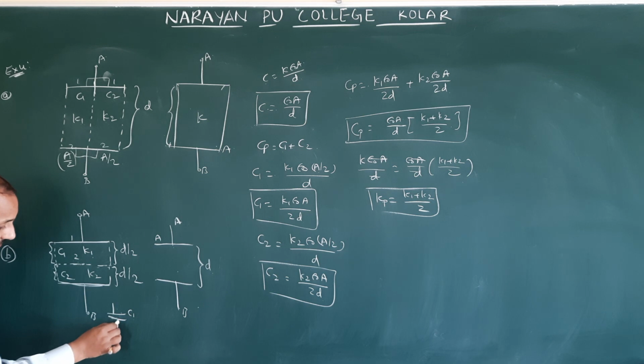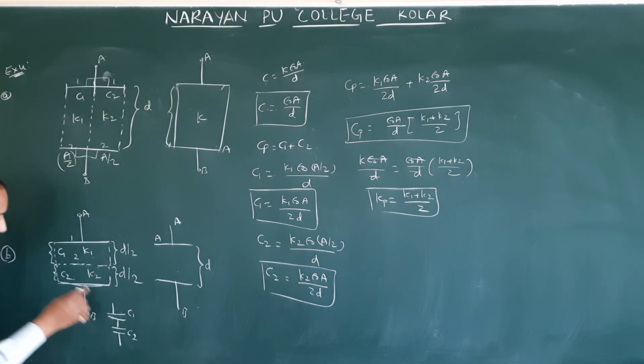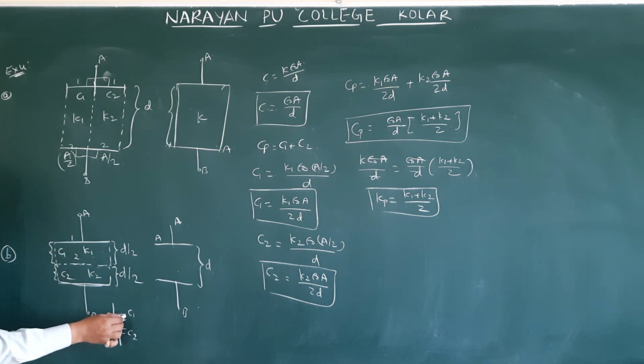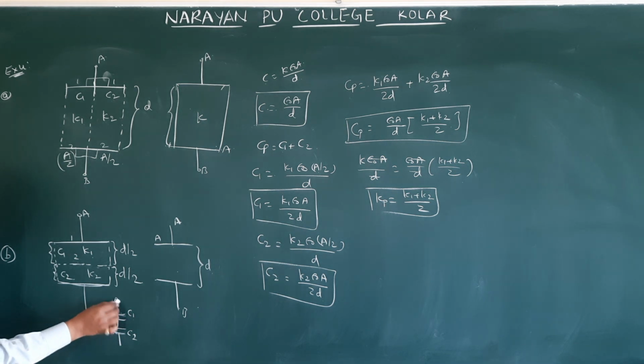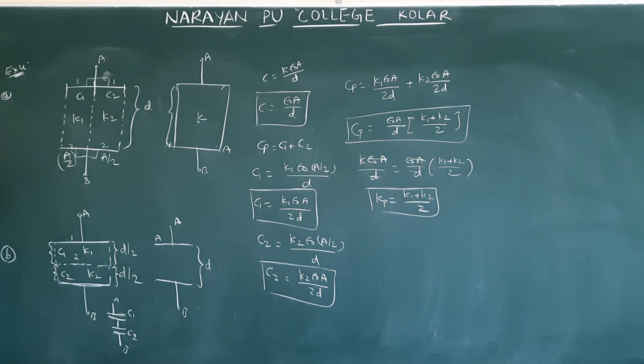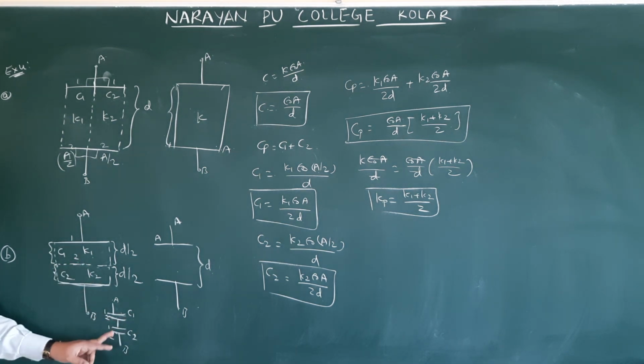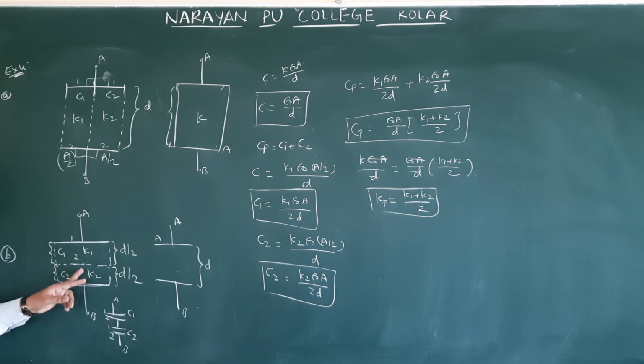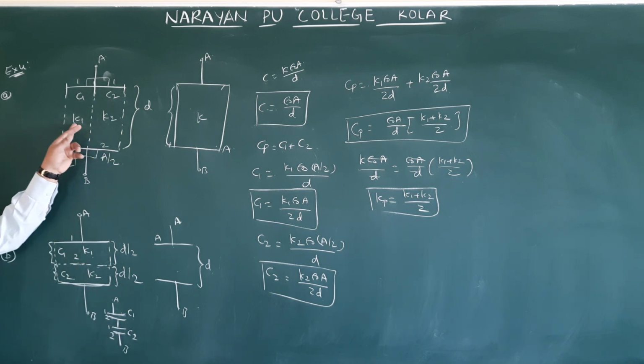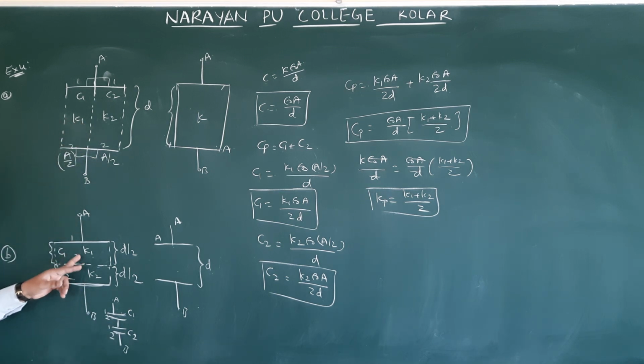This is C1, and below it is C2. So this is one plate, this is another plate, A and B. Therefore these two are connected in series. In the previous case they were connected in parallel, but here they are connected in series.